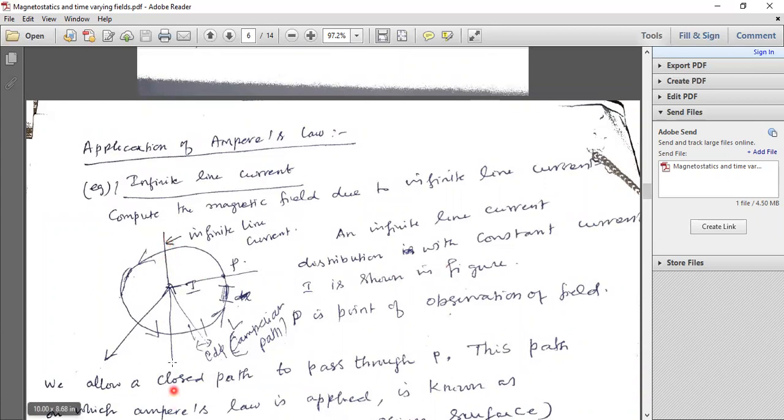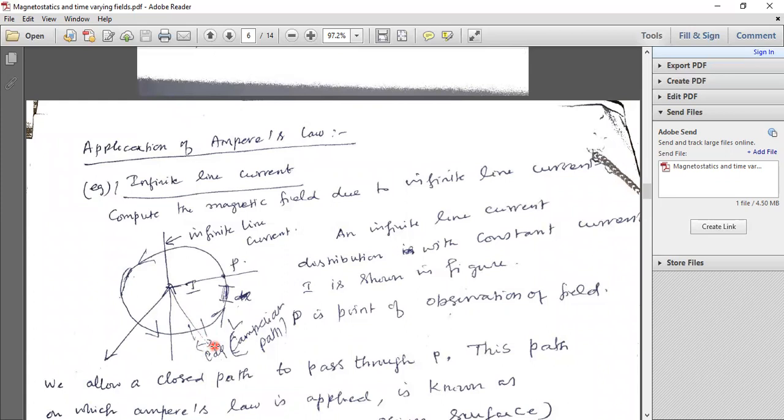Take a straight conductor along the z-axis. I am assuming an Amperian loop enclosing this conductor, and this is a small current element. Suppose the radius of this loop is rho, then rho d phi represents the small length in that loop.